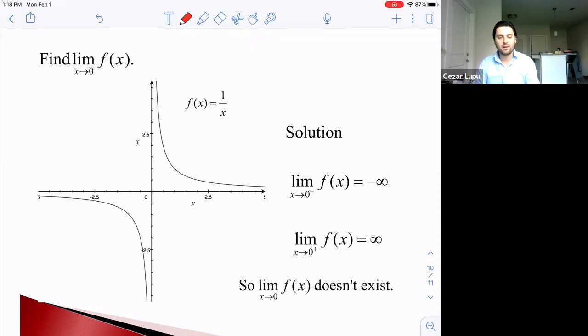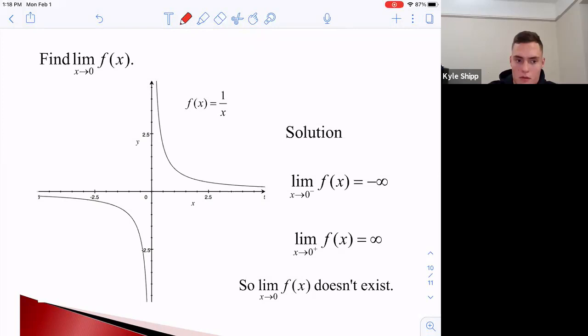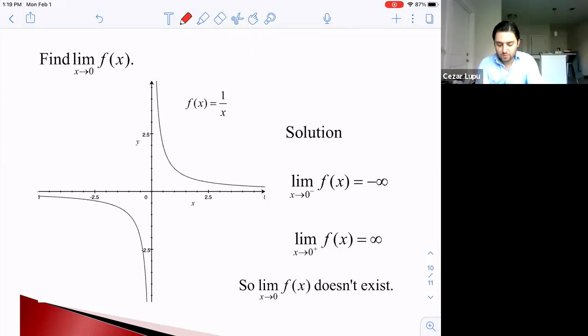Well, just look at the graph. When x approaches 0 from the left, for values less than 0, the graph goes down. I'm approaching 0 as much as I can, but at some point it will go down.